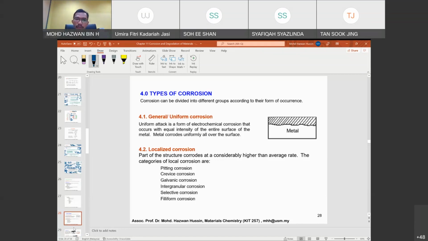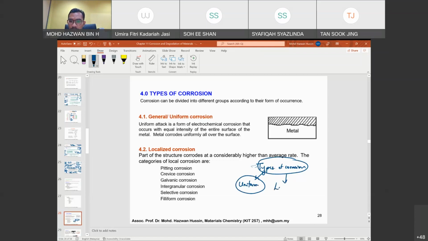So for the types of corrosion just now, we have uniform corrosion or general corrosion.